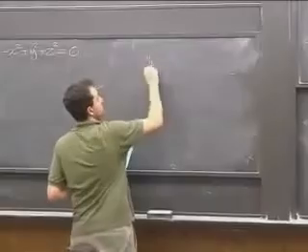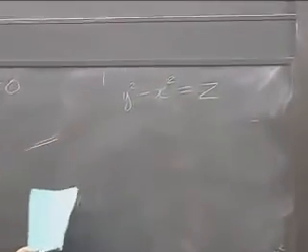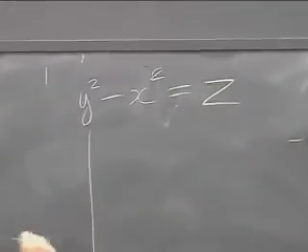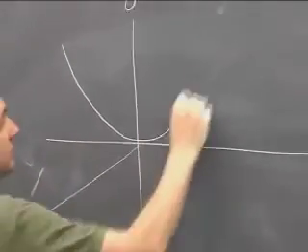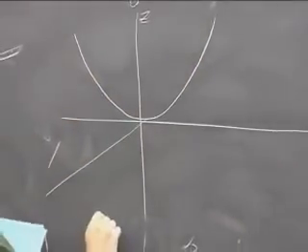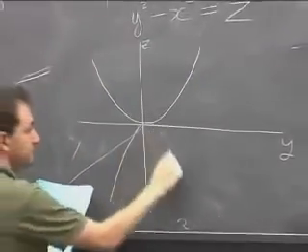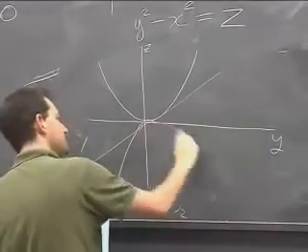So I'm going to just cheat, because I know how to draw this. And I'm going to try to give you the very quick sketch, although there is a much nicer sketch in the textbook. So z equals y squared looks like this. Here's z. Whereas z equals minus x squared looks like that along this line here.